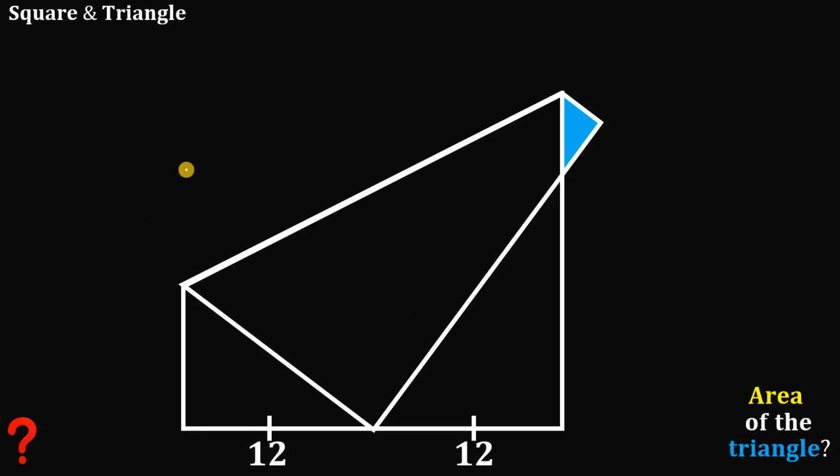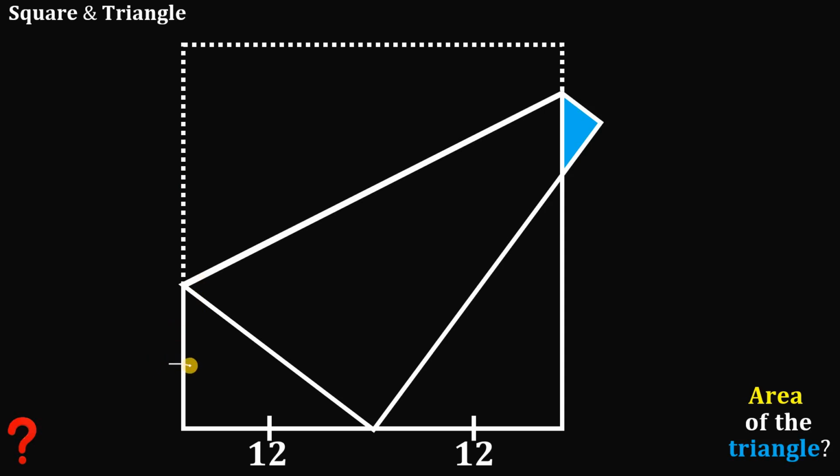Now, let's have the whole square again, like this. And why not, let's call this side x. If this is x, we know the whole thing must be equal to 24 units. So this side length must be equal to 24 minus x.